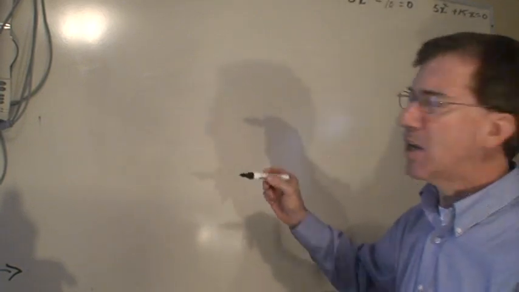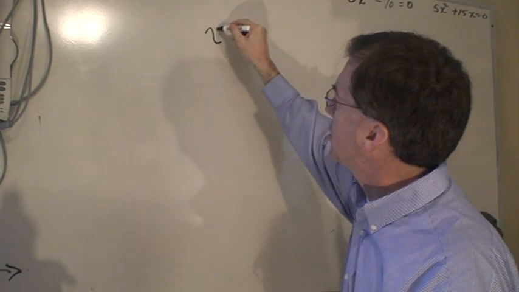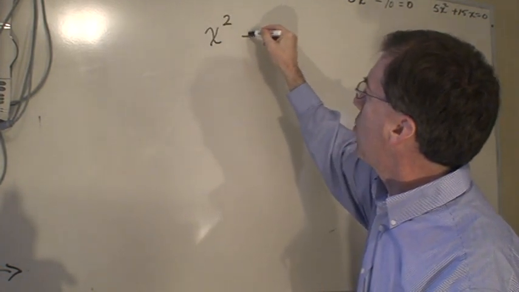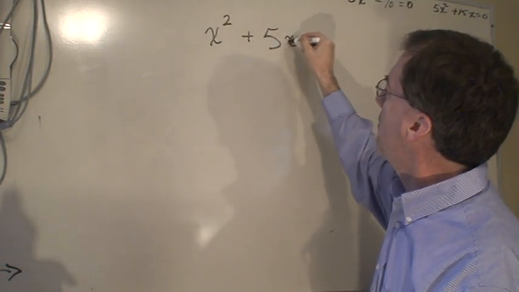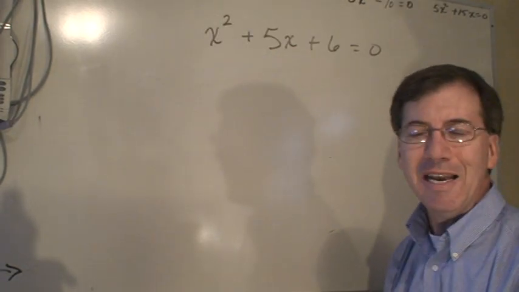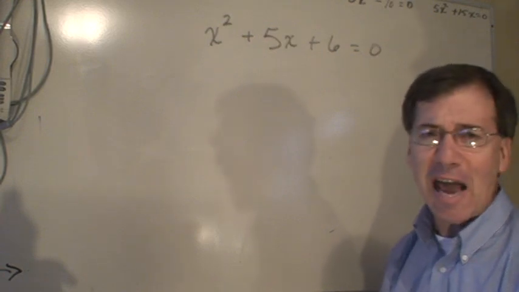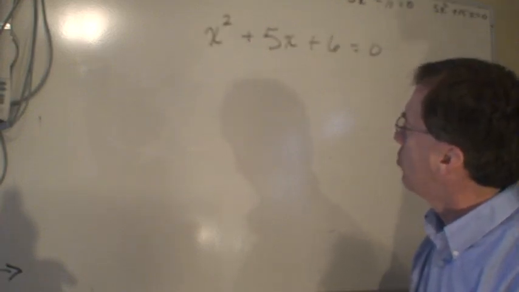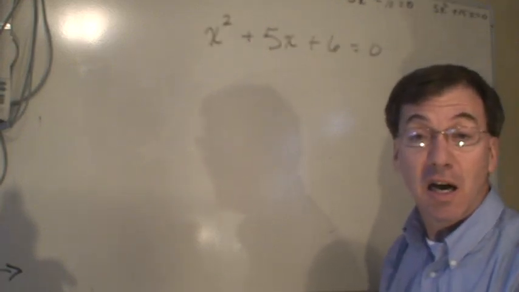The first thing let's look at, let's say we just were asked to solve by factoring x squared plus 5x plus 6 equals 0. Well, what we need to do is factor to see what this could be.